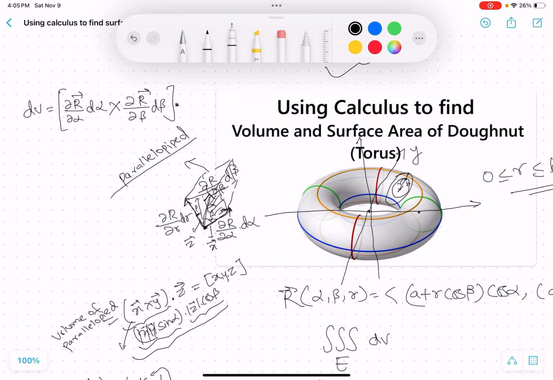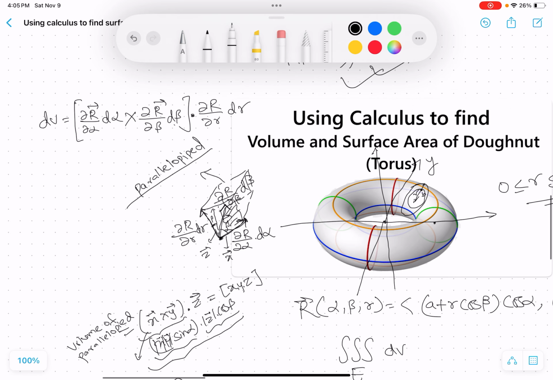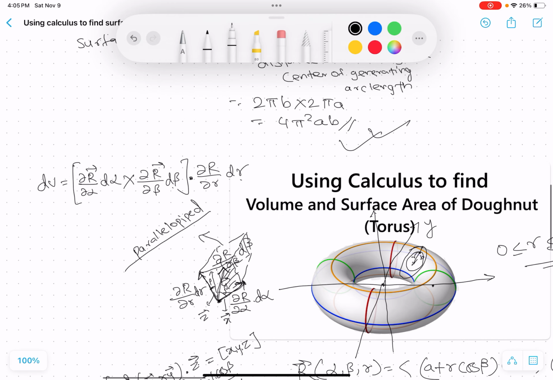Now dr by partial r times dr. Okay, now this is our dV, right? And now these are just constants, so you can take them out, and we can write it as partial r by partial alpha cross partial r by partial beta dotted with partial r by partial r times d alpha d beta dr. Okay, this is our dV, and now we can find this by using a determinant, right?